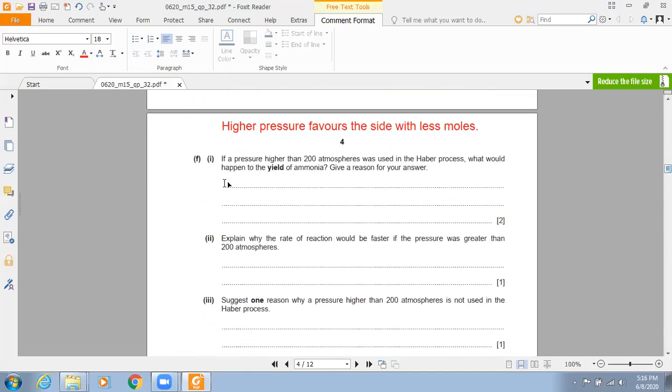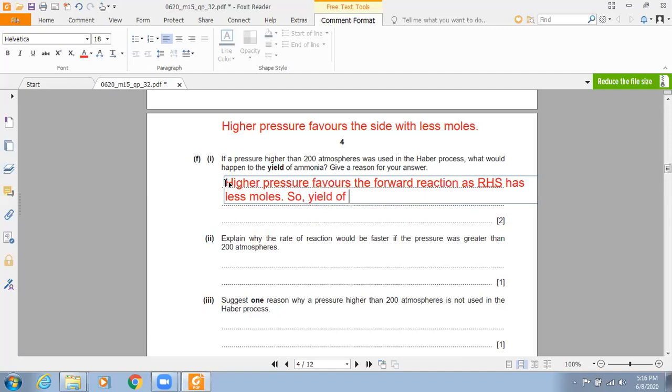So we can tell that higher pressure favors the forward reaction as right hand side has less moles. So yield of ammonia will increase.